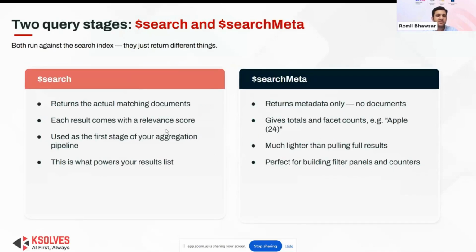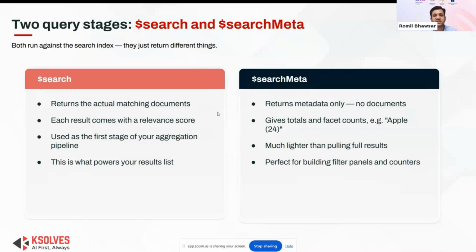Let's see some search strategies we will use inside MongoDB Atlas Search. The first one is search. The search stage is used to get the matching documents. The search stage returns the relevance score with every result, and this is the first stage we need to use in our aggregation pipelines.